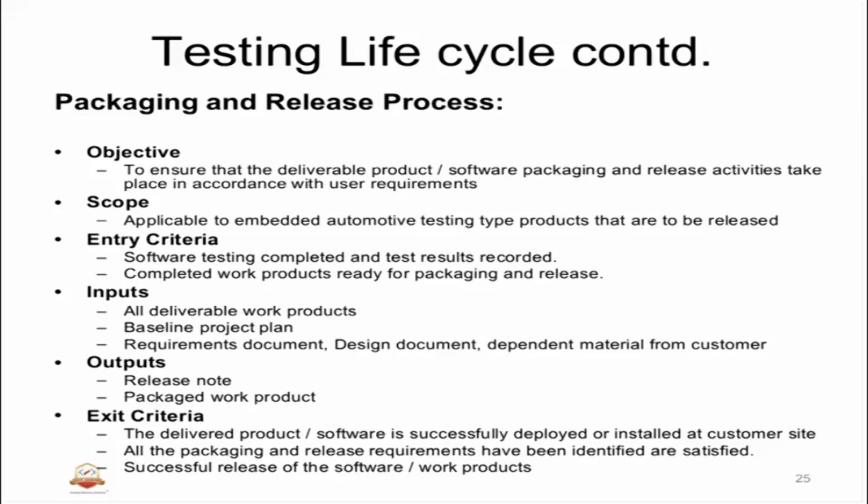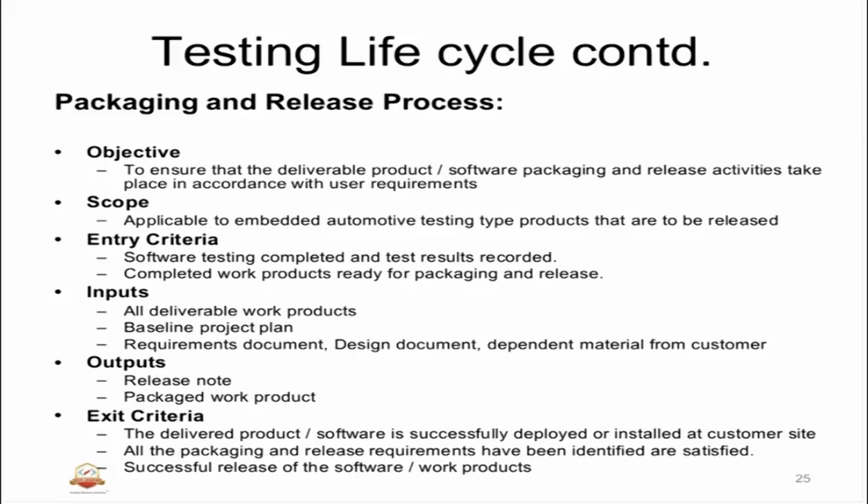Basically, that also can be considered as passed, but enough information should be there for the other items where it is tested indirectly or using any alternate mechanism of testing. So that is the entry criteria for packaging and releasing the product.